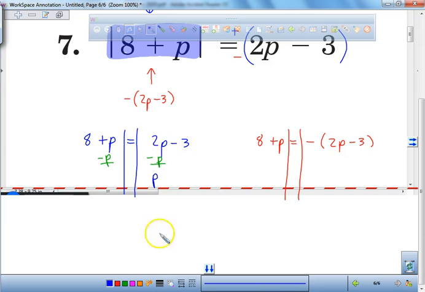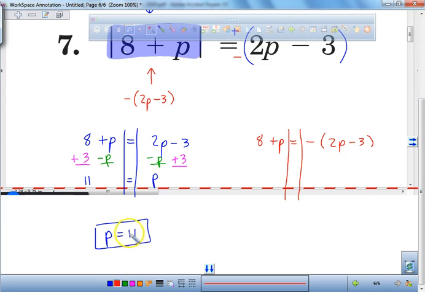Well, if I put all my variables on the right-hand side, that means I got to move all of my constants to the other side. So I got to add a 3 here, going to add a 3 there. And 8 plus 3 is 11. And it looks like I found one of my answers. I'm going to say p equals 11, and that's one of my answers.